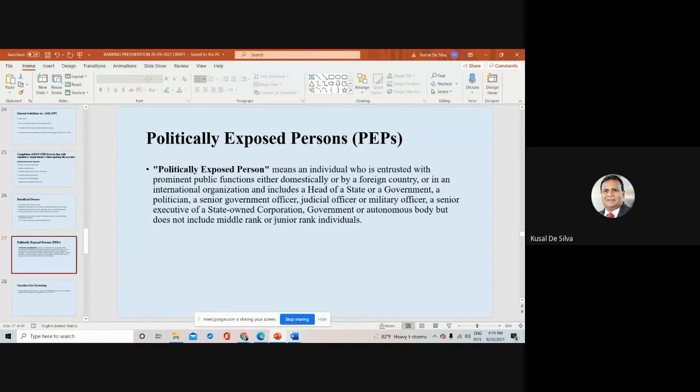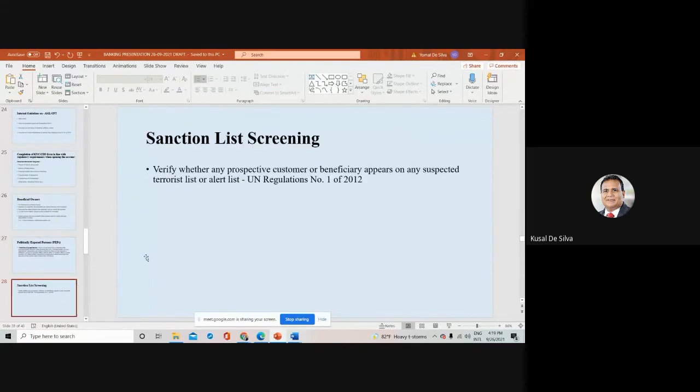Even persons engaged in politics who are not members of parliament, or who have any political links, even the staff of political personalities, members of provincial councils, members of parliament, all these categories fall under this kind of scrutiny, and their accounts are monitored closely. Then sanction list screening.